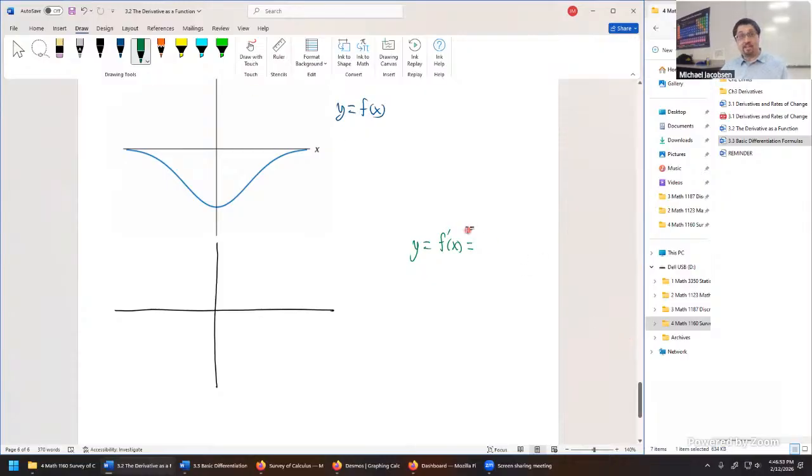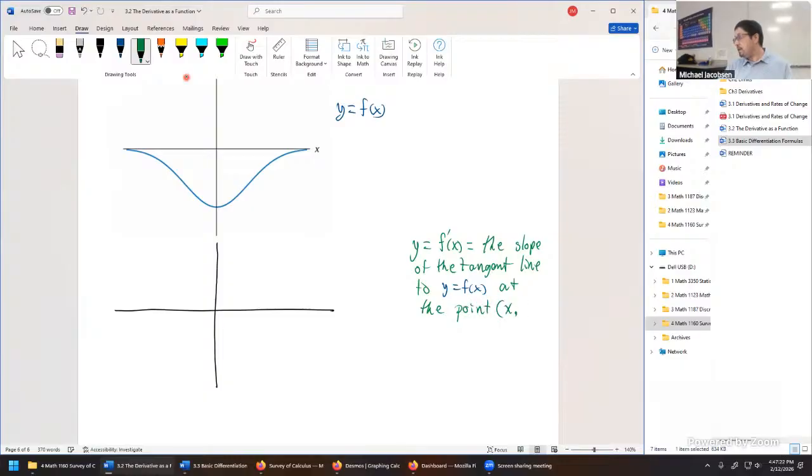No matter how you think about this, the limit of the difference quotient as h goes to 0 or the differentiation formulas, this is always the slope of the tangent line to y equals f of x at the point x, f of x.